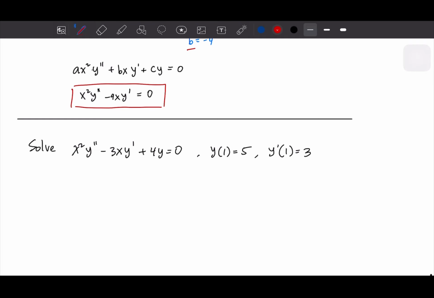Okay, I think it's quite simple for this part. First thing, every time you see any Cauchy-Euler, you can identify this as a Cauchy-Euler equation: second order, linear, and then there's one first derivative, and a constant times y. Then you could try to work out this as a Cauchy-Euler.